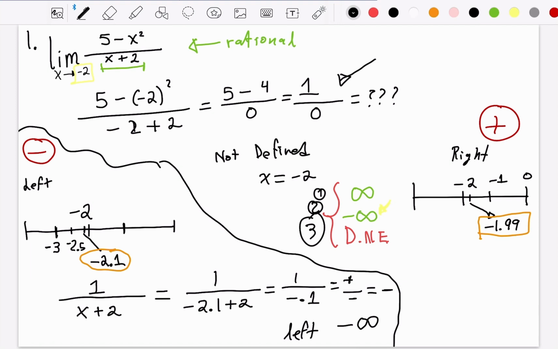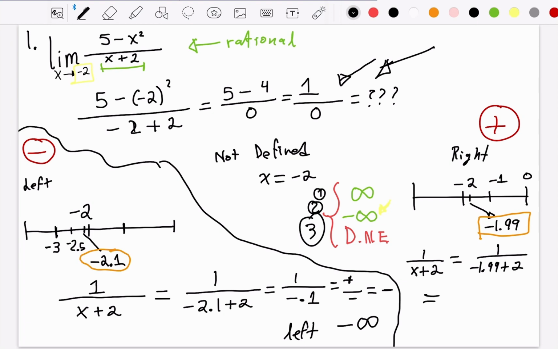And I will continue from this number, which was 1 over, and again, I am not writing 0, I am writing x plus 2, which is the original form that I was given in the exercise. And now, instead of writing x, I will write this -1.99. -1.99 plus 2.